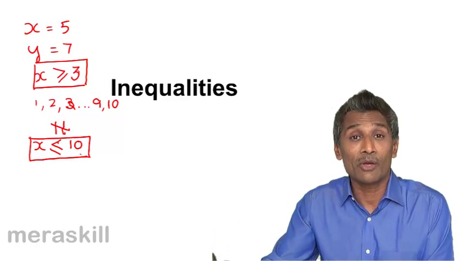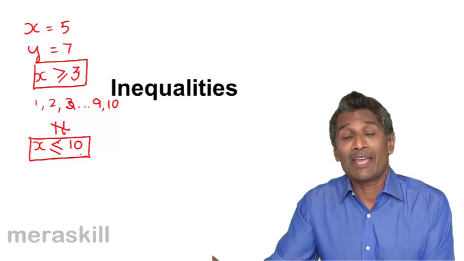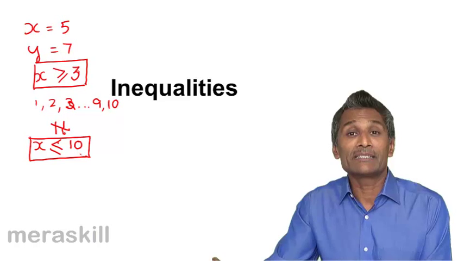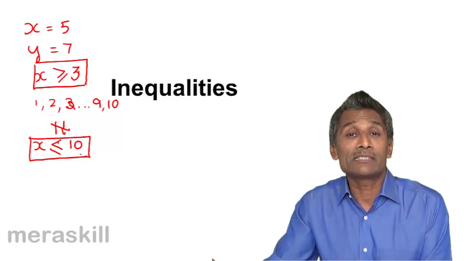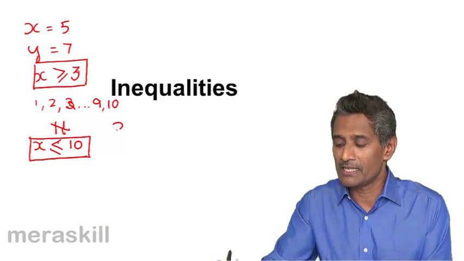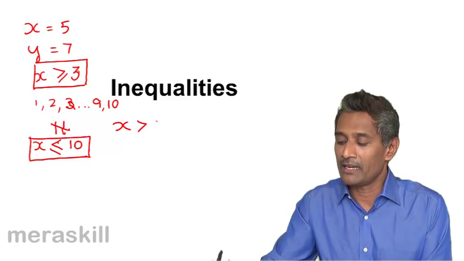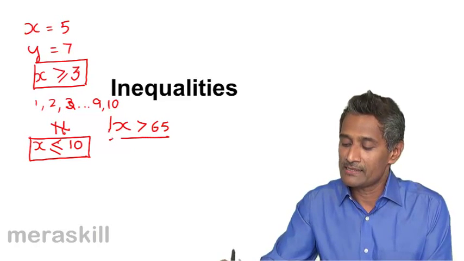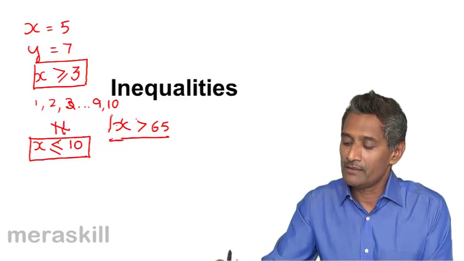We have other cases also. You say, I got more marks than you. So, Rohan gets 65 and you got 66. So, you have got more than Rohan. So, it's a simple case of x more than 65.